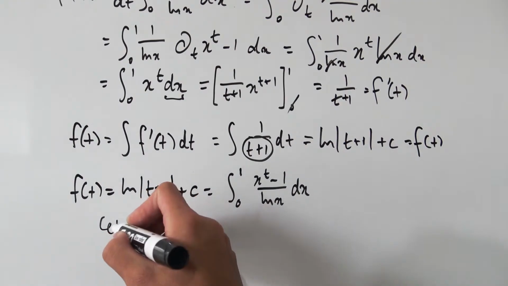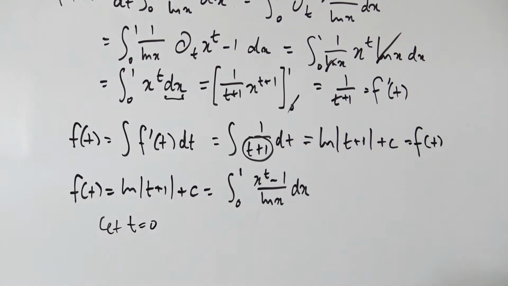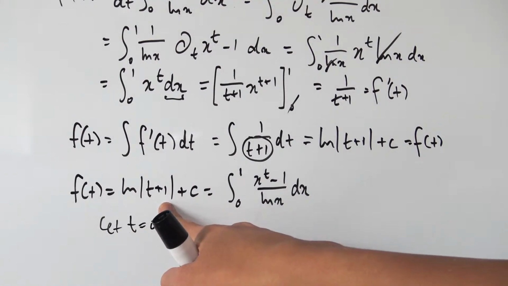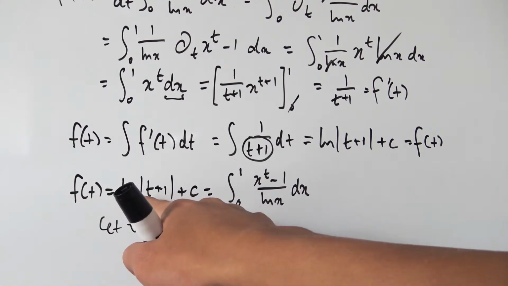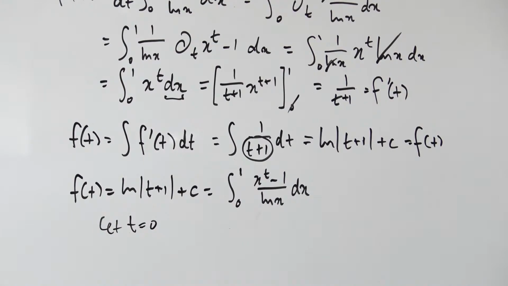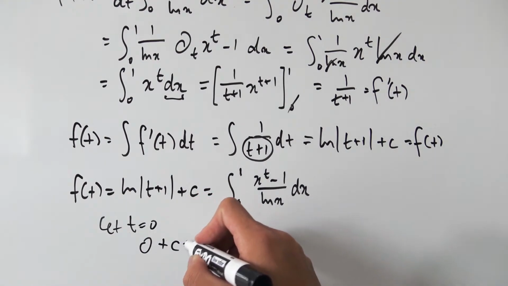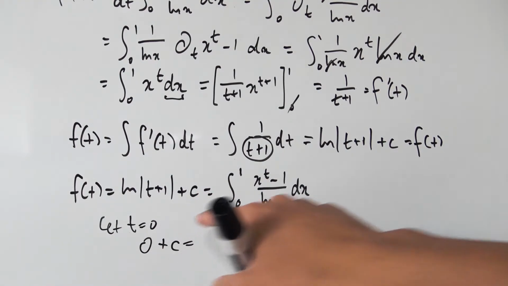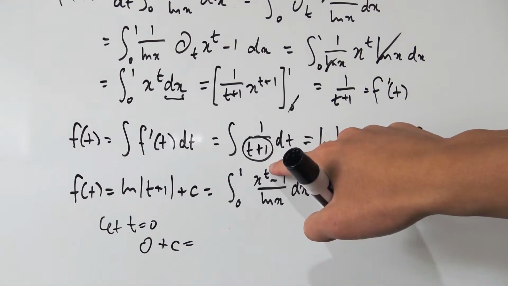So if we let t equal to 0, well, what will happen to our natural log of x? Well, we're only going to get natural log of 0 plus 1, which is the natural log of 1, but the natural log of 1 is just 0, and we're adding our constant here. And what happens when you plug 0 into our integral here?